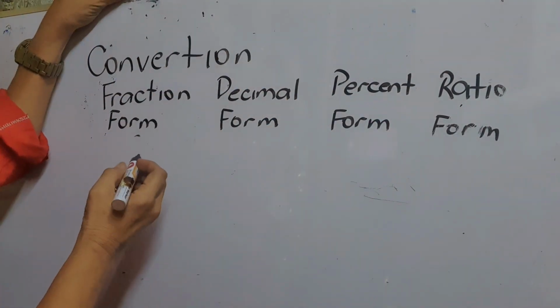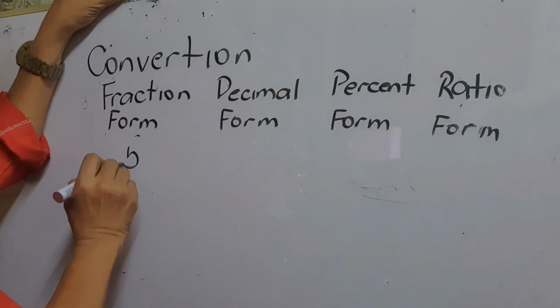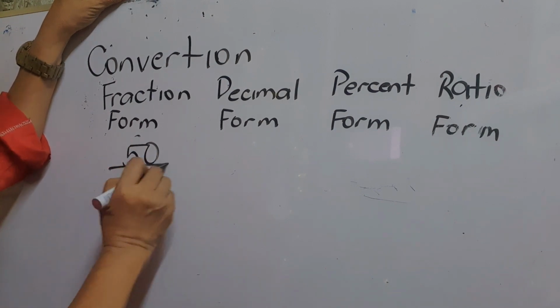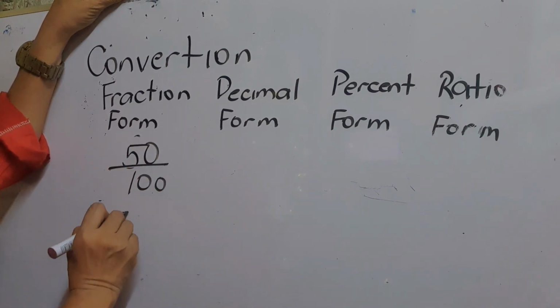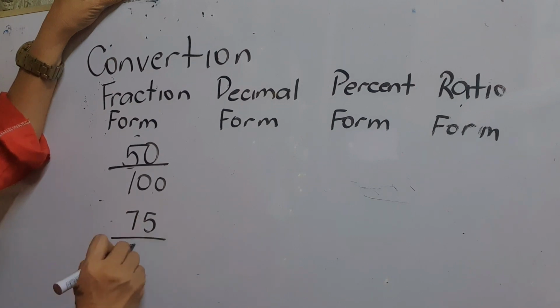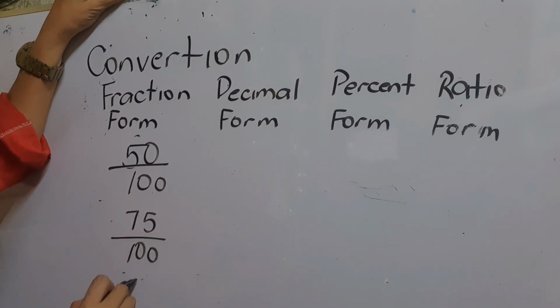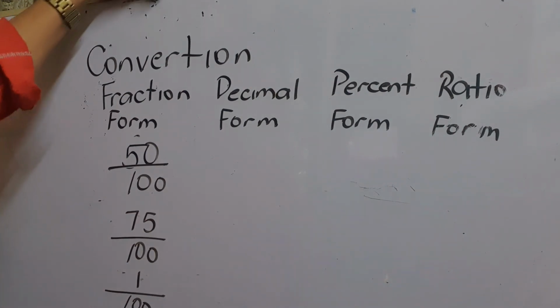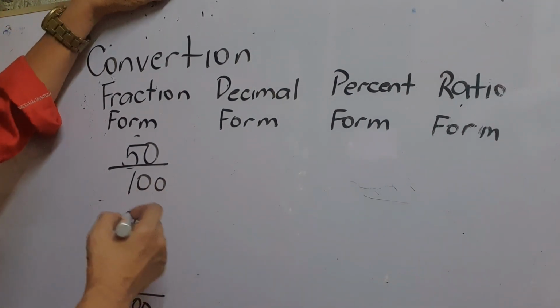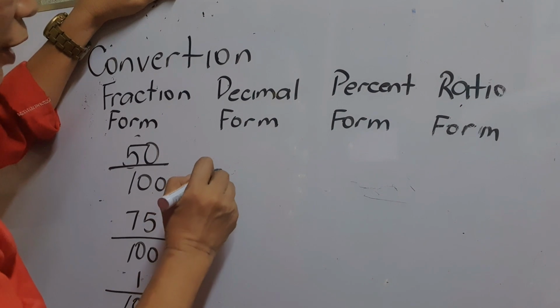What if we have here 50 over 100, we have here 75 over 100, and then we have 1 over 100. Let's say, no, meron tayong ganyan. So, we have 50 over 100. So, ano yung magiging sagot ninyo?